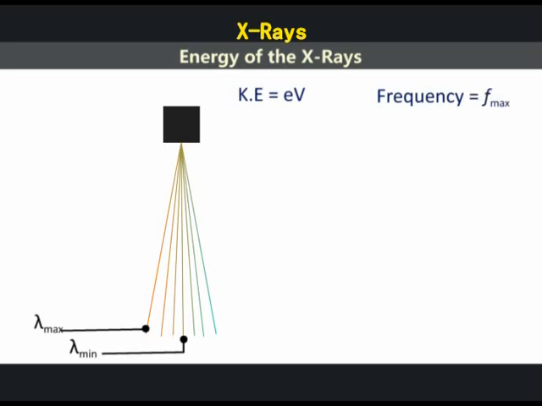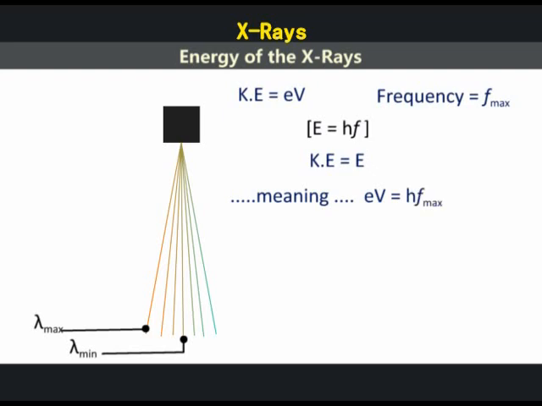Recall from the previous chapter that the energy E of a radiation or a photon is given by E equals hf, where h is the Planck's constant. So in this case, kinetic energy of the electron will be equal to the energy of the X-ray produced. That is, kinetic energy is equal to E, meaning that eV is equal to hf maximum.